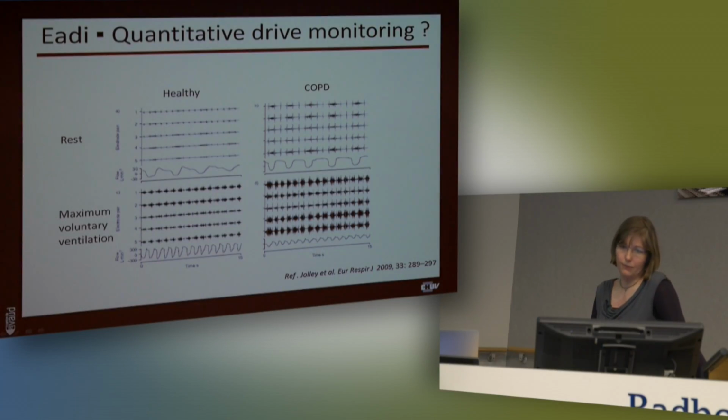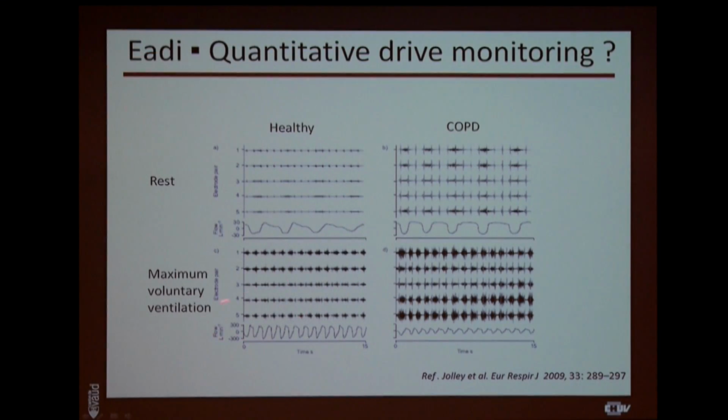In this picture, we can conceptually see the interest of using EADI as a quantitative drive monitoring. Here, in a healthy subject, we can see that during maximal voluntary ventilation, the amplitude of electrical activity of the diaphragm is, as expected, higher than during rest breathing. Same thing for the COPD patient.